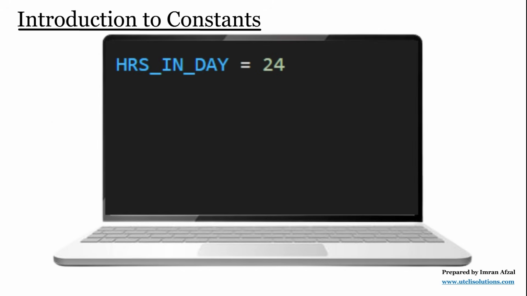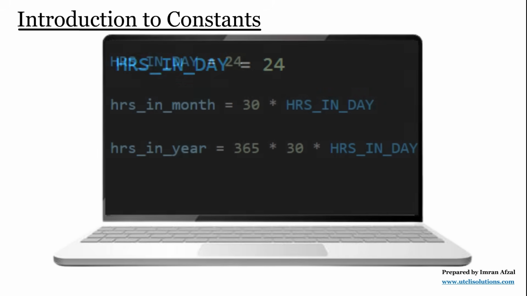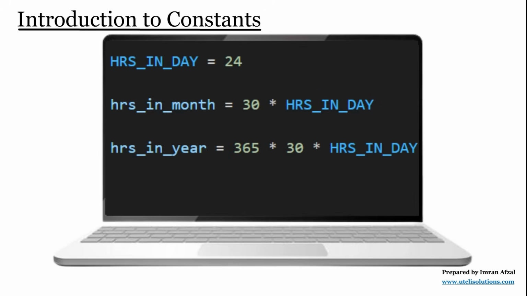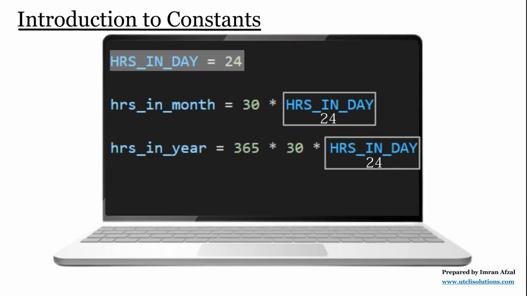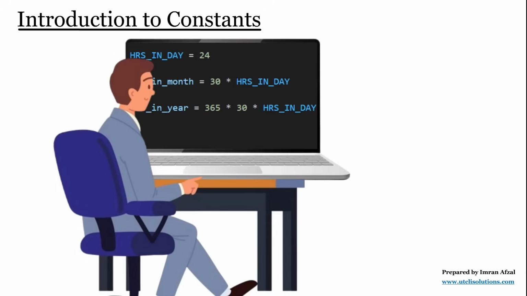Now, this ensures the value 24 stays the same throughout your program and can't even be accidentally changed. Now, the main purpose of using a constant is clarity. If someone else reads your code, they will instantly know what 24 represents because the constant name explains it.